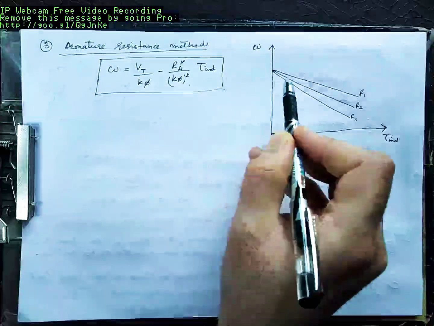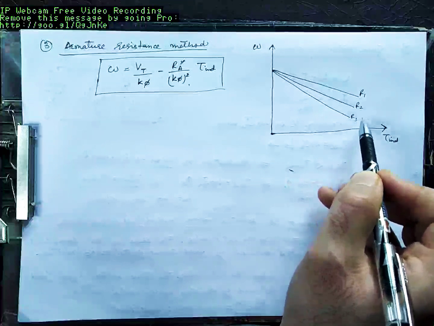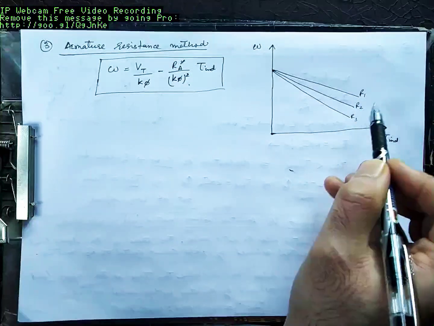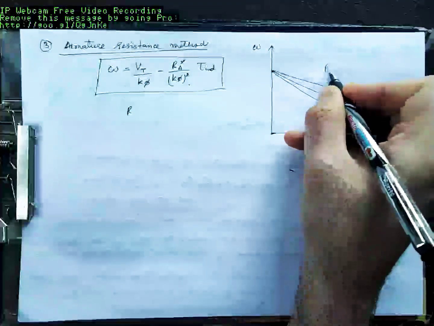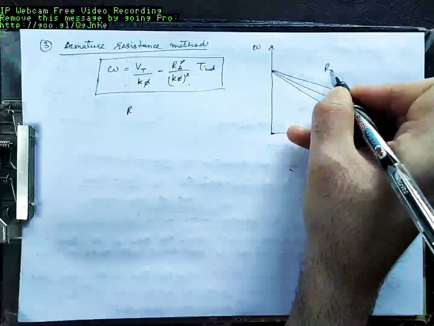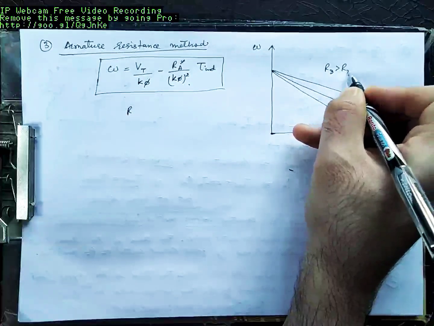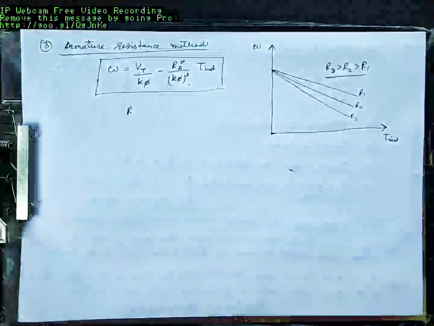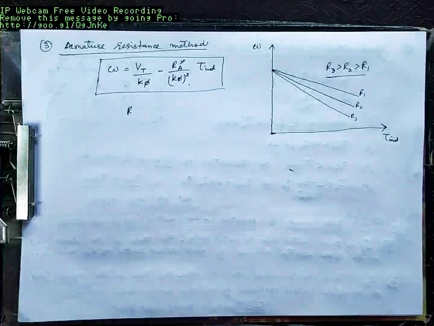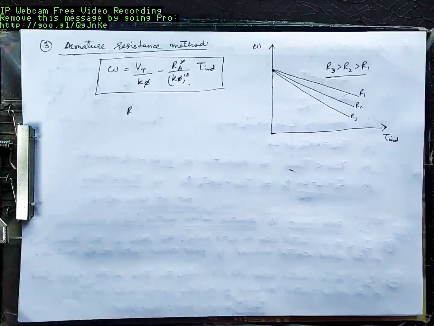This has the steepest slope, so this resistance has to be more than this, and this has to be more than this. So R3 is greater than R2 is greater than R1.